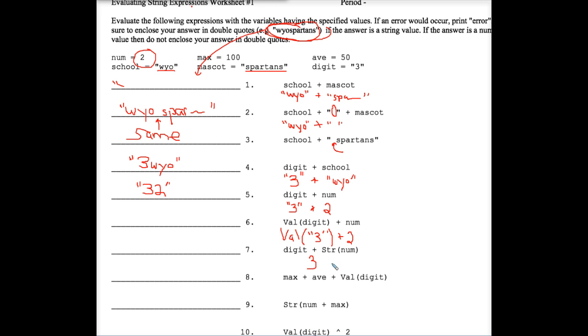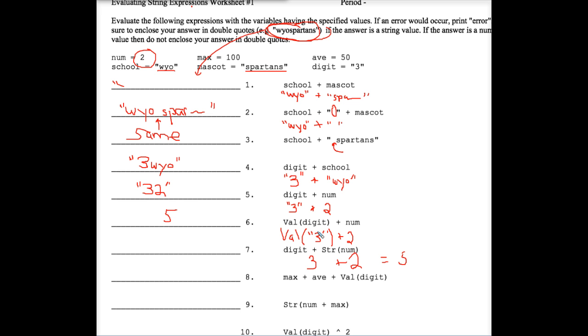So we end up with simply 3 plus 2 as our final answer for number 6. And therefore, you know the answer is 5. Because there are no quotes around the 3 anymore, the computer mathematically adds the 2.